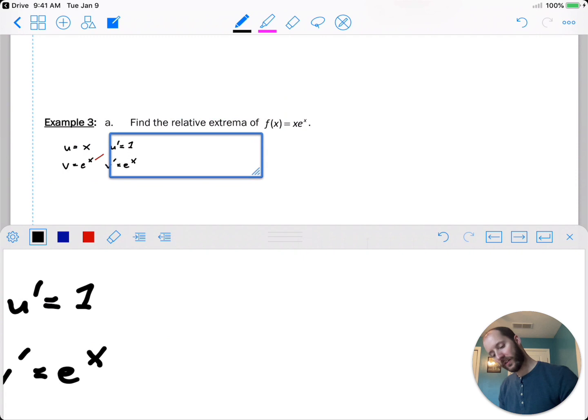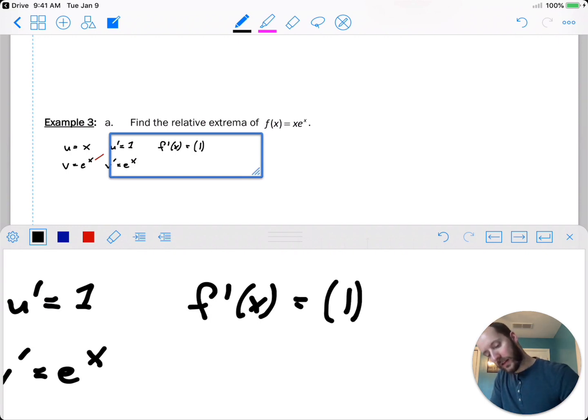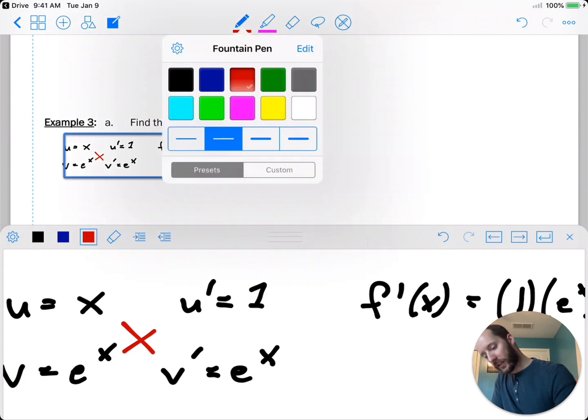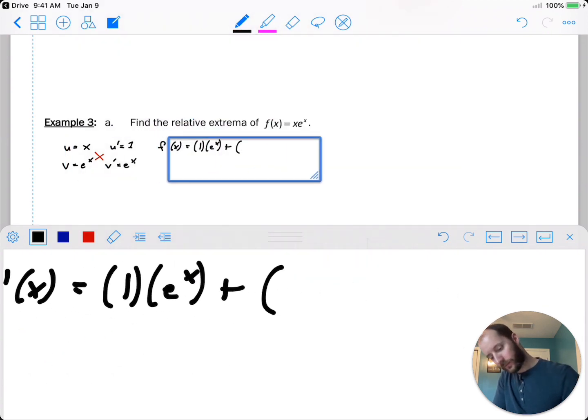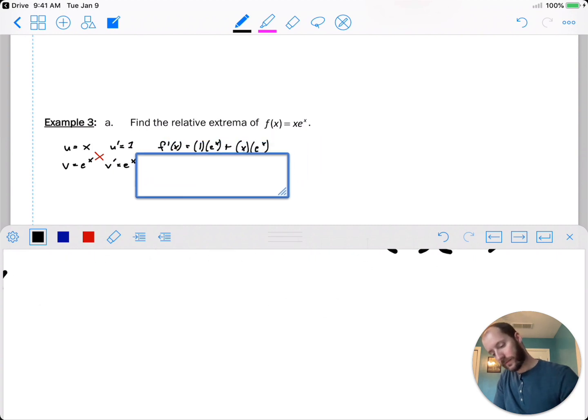So we have f prime of x equals 1 times e to the x plus, go ahead and do the other diagonal, x times e to the x.